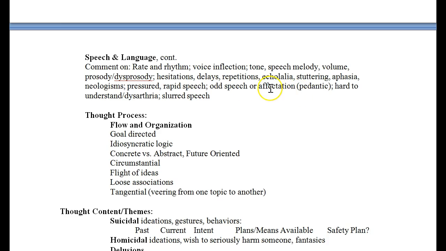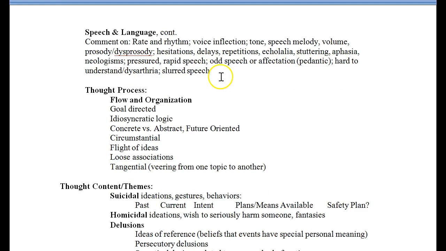Is there anything odd about their speech? Is it repetitive, stuttering? It gives you different senses of someone's cognitive functioning, as well as their education and intellect, whether they're responding to internal stimuli, or having some level of impairment or intoxication.